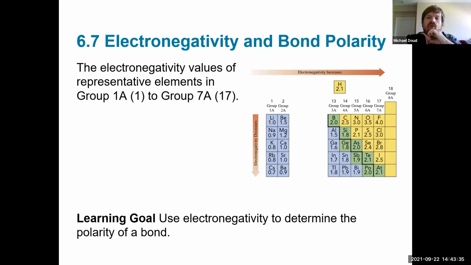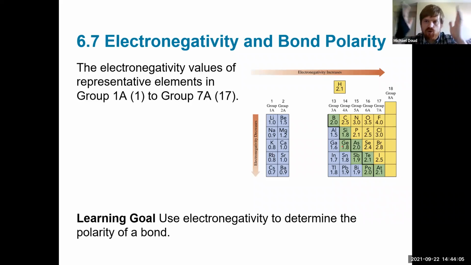Now, once we do the Lewis structures, we're ready to assess the electronegativity of a compound. The electronegativity values are listed here, and the whole idea of electronegativity is that we want to be able to determine if compounds are polar or nonpolar, because whether a compound is polar or nonpolar defines a lot of its characteristics with respect to how it behaves in a biochemical system.